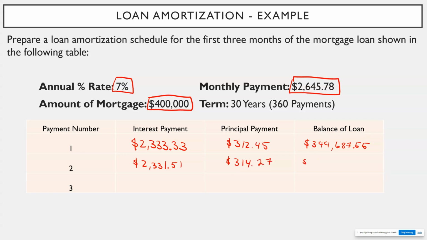And that means the balance of our loan is going down. So it's $399,373.28. All right, so if we're doing this correctly, what should happen now is our interest payment here should continue to fall, principal payment should continue to rise, and the balance of the loan should decrease.